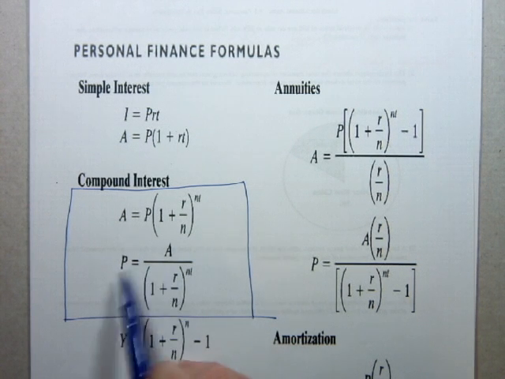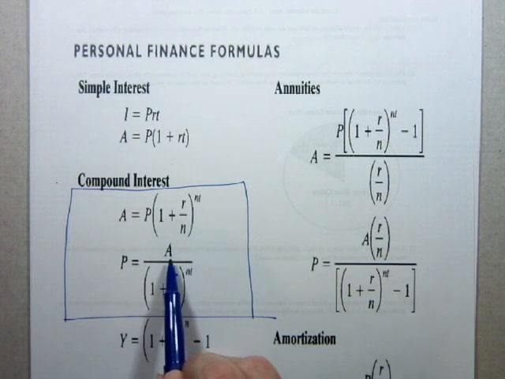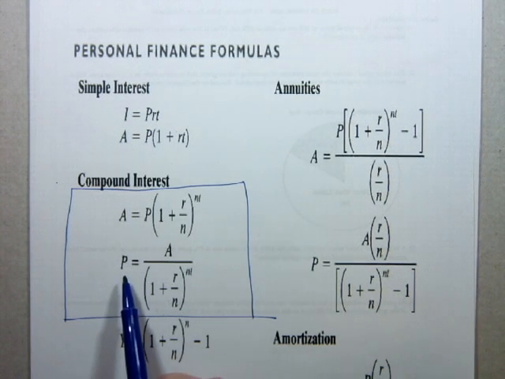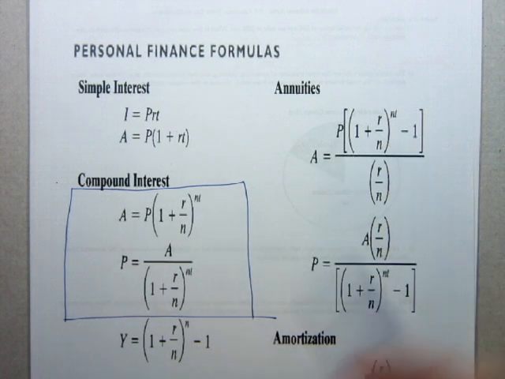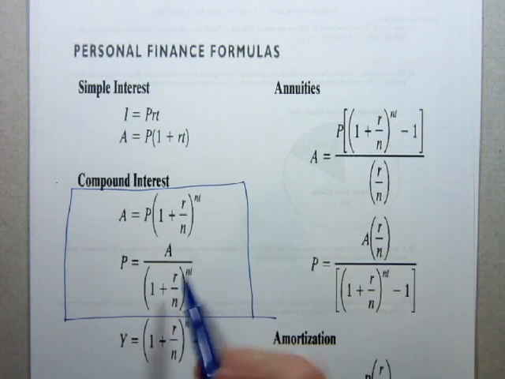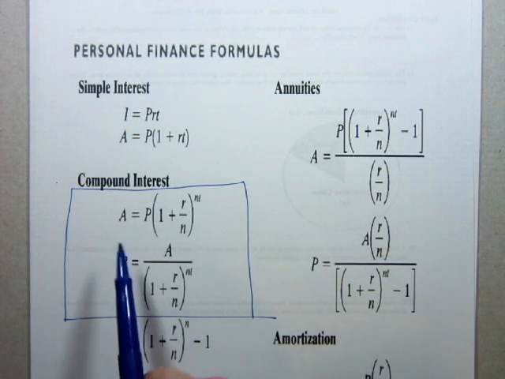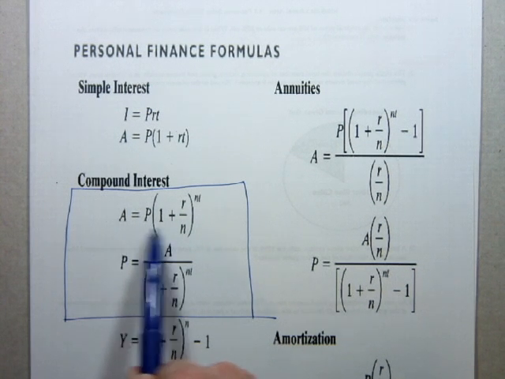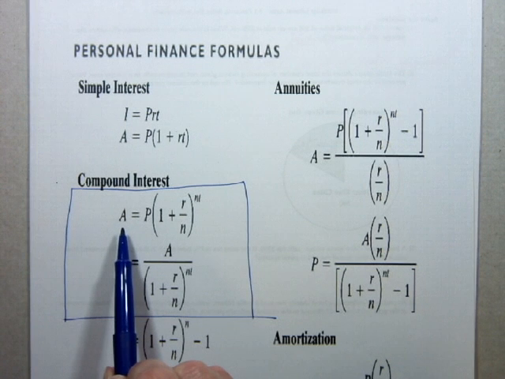So I would use this formula, and I would put $10,000, which is the amount I need, and find out how much principal I would need to invest today at 8% interest compounded quarterly for 8 years. And so once it gives me that information, if I know how much principal I'm investing, I will use this top formula and find the amount that's in the account at the end of the time period.